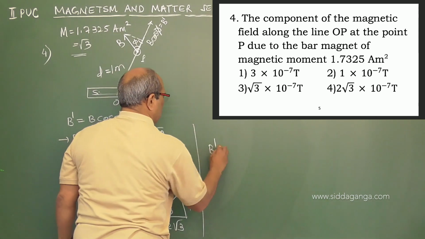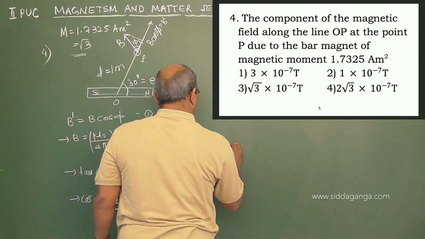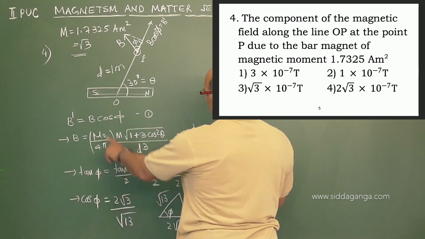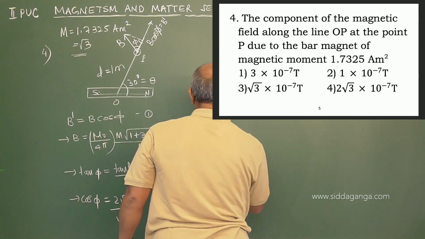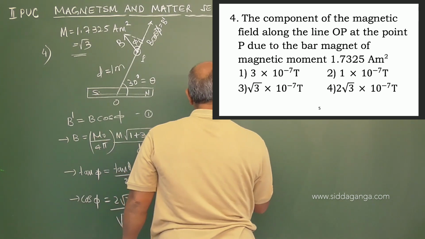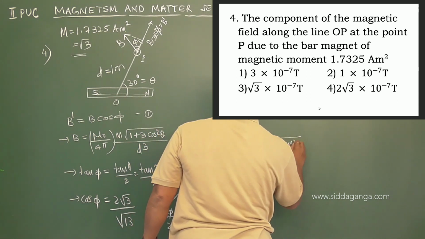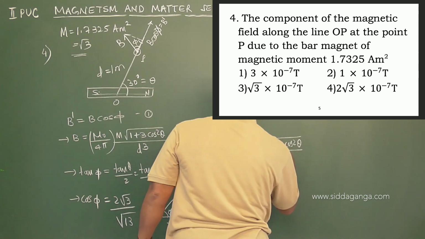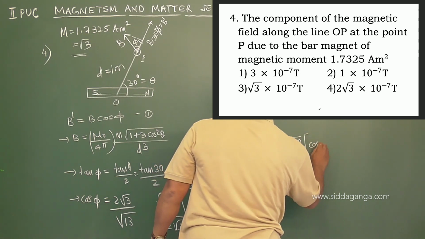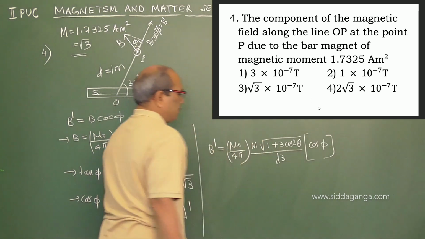Therefore B dash is equal to mu naught upon 4 pi into m into root of 1 plus 3 cos square theta by d cube into cos phi is the relation.